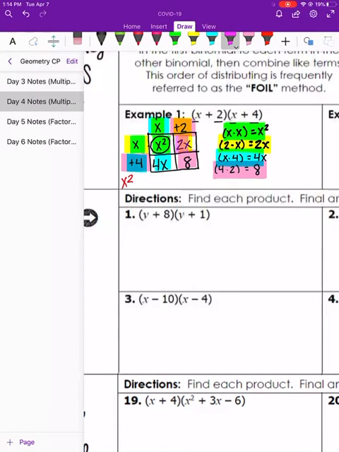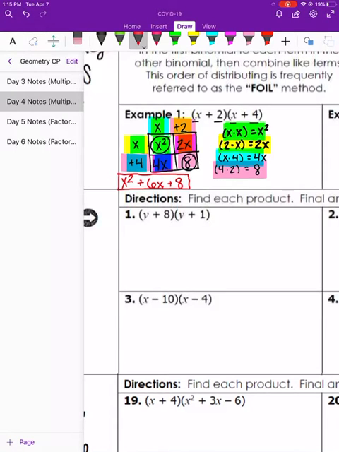So I have a 2x right here, and I also have this 4x. Well, 2x and 4x will combine to give me a positive 6x. And then the last thing I'm left with is this 8. There's nothing to combine it with, so this is going to stay as plus 8. And this is your final answer.